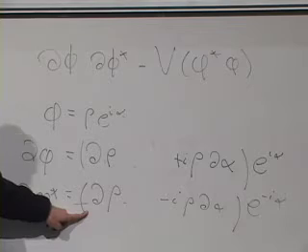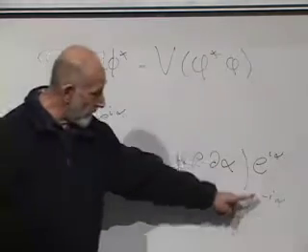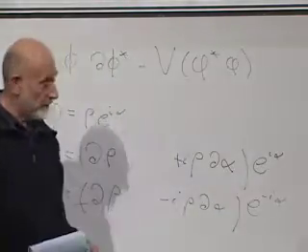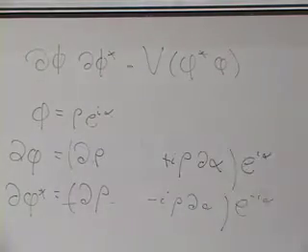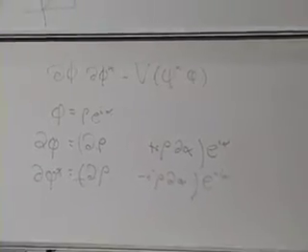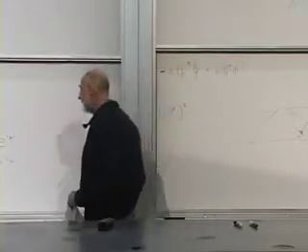One of them is just the derivative of rho squared. The e to the I alpha cancels the e to the minus I alpha here, so you could just dispense with it from the beginning. E to the I alpha goes away, and we get the derivative of rho squared, okay?